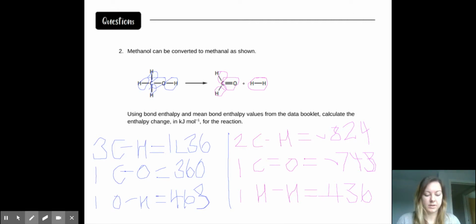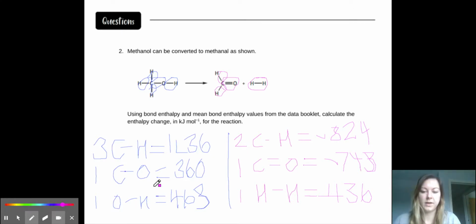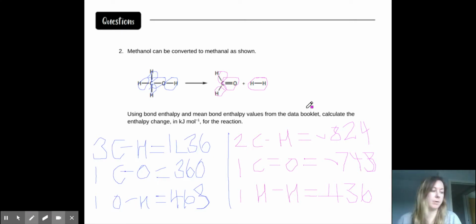So what we do now is add up all of our values on both sides. So on the left-hand side, if you've added them up correctly, you should have 2059. On the right-hand side, you should have negative 2003. And when you add those two together, you should have 56.